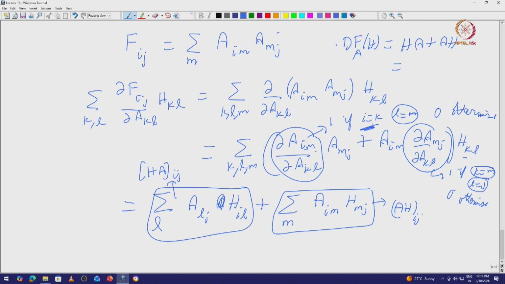By the way, this is sometimes written like this. This is called the anti-commutator of H and A, but it's simply AH plus HA. Very simple matrix expression obtained from a rather painful calculation.